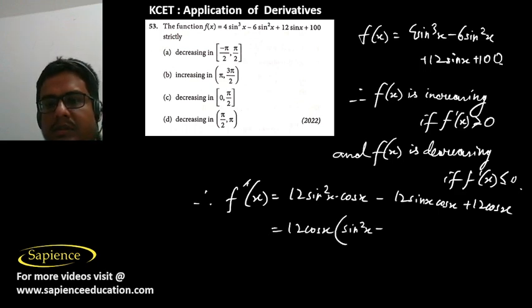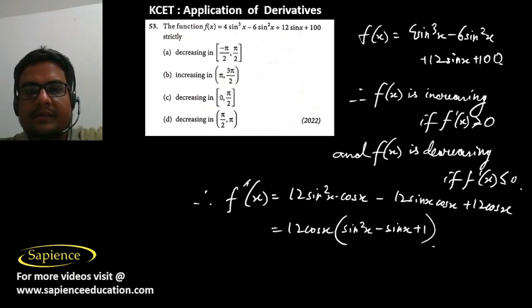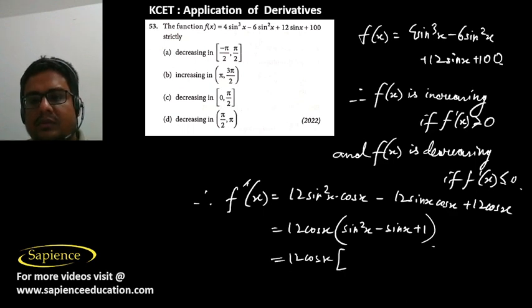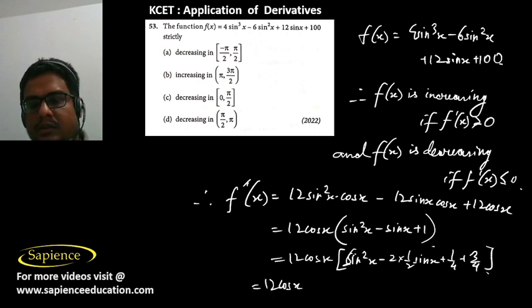Sine square x minus sine x plus 1. So this is 12 cos x into, this is equal to sin x minus half whole square plus 3 by 4. This is 12 cos x into (sin x minus half) square plus 3 by 4.